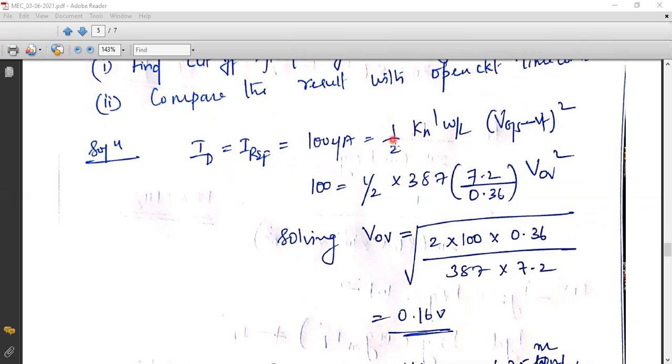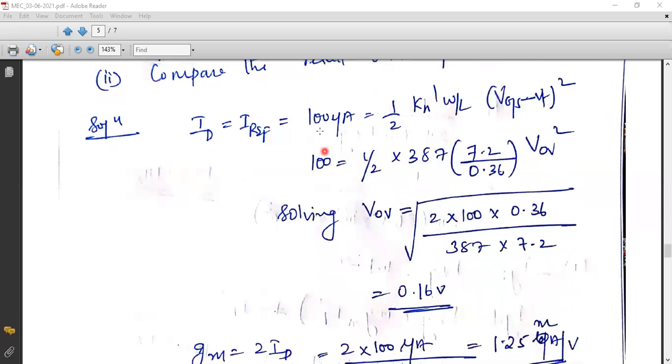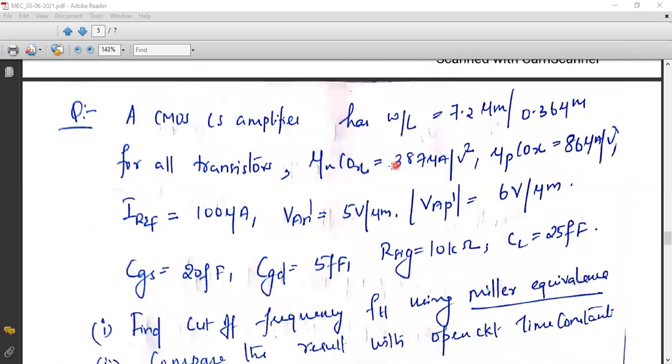ID is half Kn dash W by L into VGS minus VT the whole square, where VGS minus VT is nothing but your VOV. ID is the same as the reference current as far as a current mirror circuit is concerned. So we can retain ID as I reference, which is 100 microamps. So 100 microampere is equal to half into, what is Kn dash W by L?